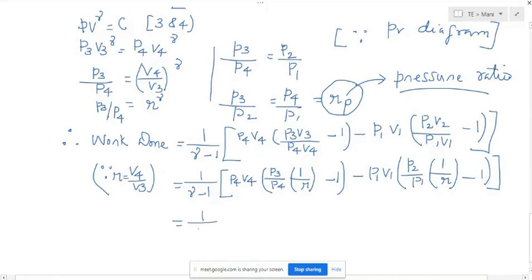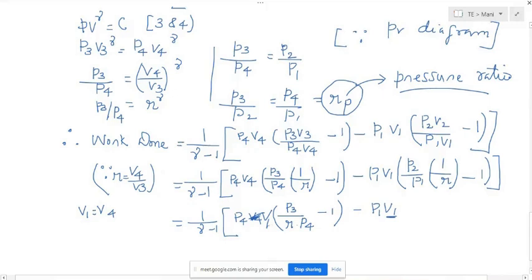Again, gamma minus 1, the same thing: P3 divided by the expansion ratio into P4, minus 1. Here we can also change a term. From the PV diagram, V1 equals V4 because of the constant volume process, so instead of V4 we can write V1. Because we already have V1 here, I changed it here also.